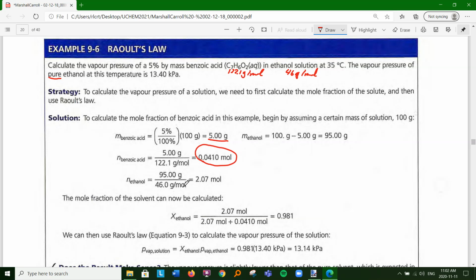And the ethanol would be 95 over 46, which is 2.07 moles. The total number of moles would be 2.07 plus 0.041. I'm going to take my calculator here. 2.07 plus 0.041 is 2.111 moles.